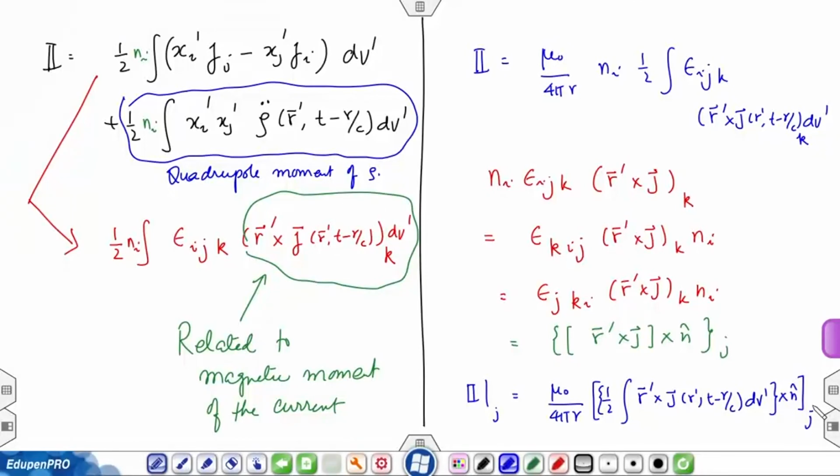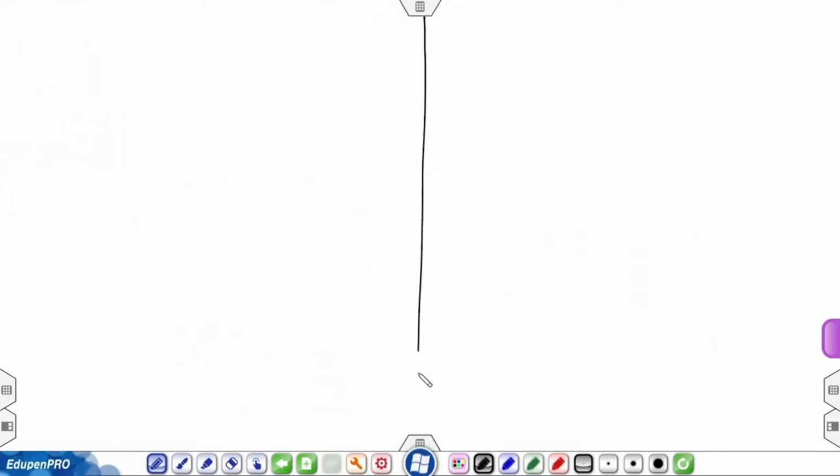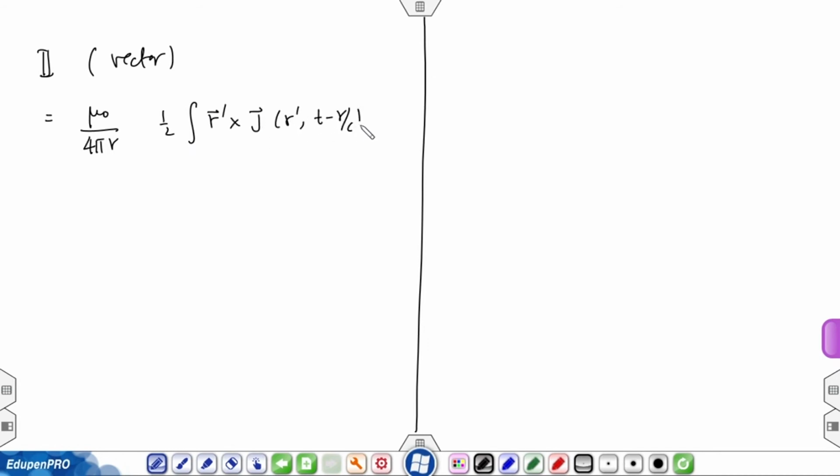And therefore, in vector form, the second term is mu naught over 4 pi r, one half r prime cross j, r prime, t minus r over c, cross, again I am going to write this r unit vector, n and r unit vector are the same, which is nothing but this is m, this is j dot.